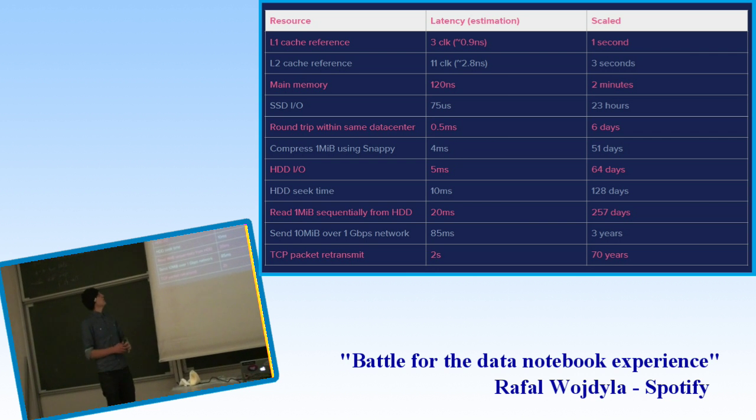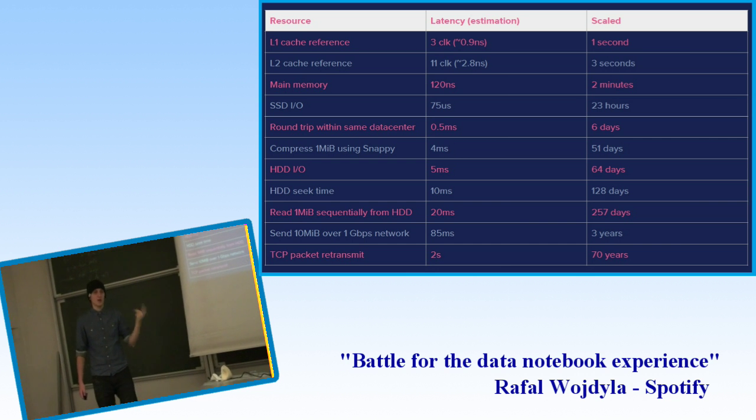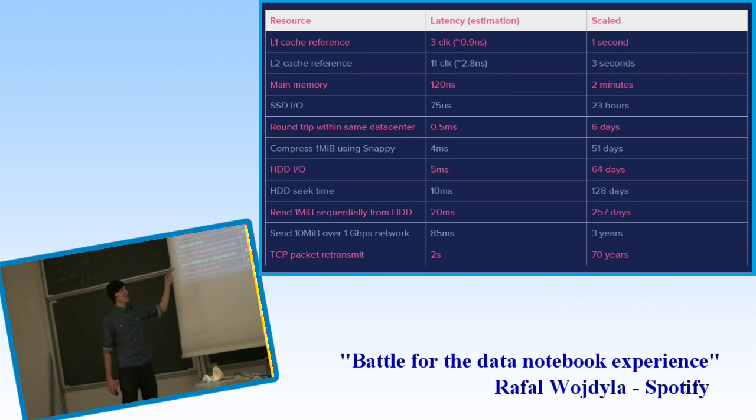Let's see what happens when we scale these values. If you go to the main memory, which is the third row, 120 nanoseconds, that's 2 minutes. So instead of 1 second going to L1 cache, you're doing 2 minutes. If you need to go to SSD, that will be 23 hours. So SSD, the super fast disk that you can get, is still 23 hours.